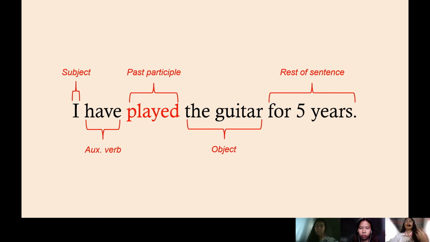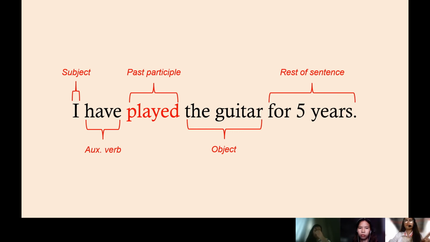Tumutugtog siya ng gitara ng 5 taon na ngayon. So, he's been playing, let's say, since 5 years ago. So, that's why we use present perfect tense, or we have here have played as our present perfect tense to complement the phrase for 5 years.